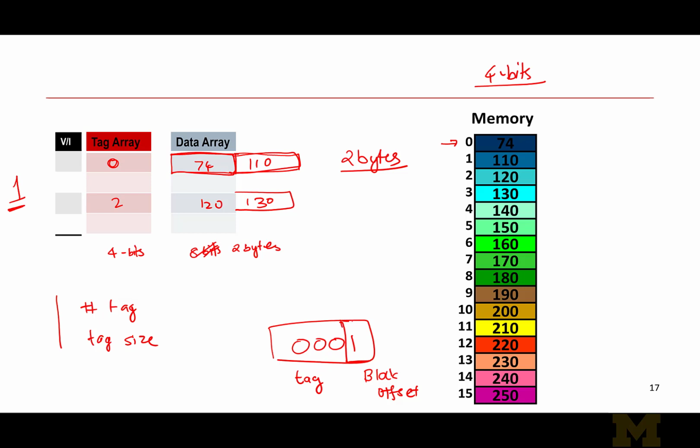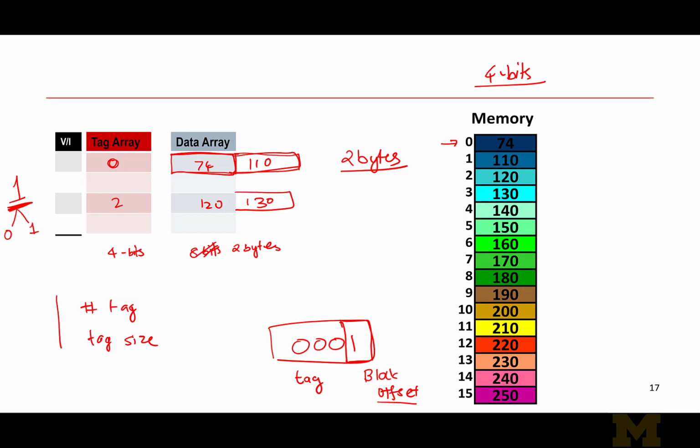Keep in mind that I'm not explicitly storing block offset in the cache. It is an implicit contract between the cache and the processor that an address should be broken down into this tag and block offset, and if I give an address 1, I would figure out what its tag is, which is 0, and its block offset is 1.